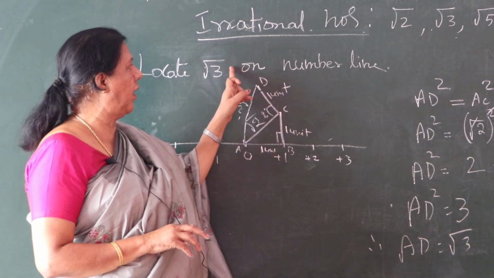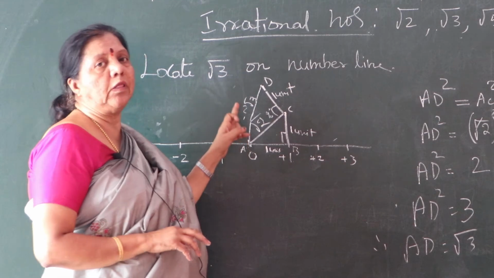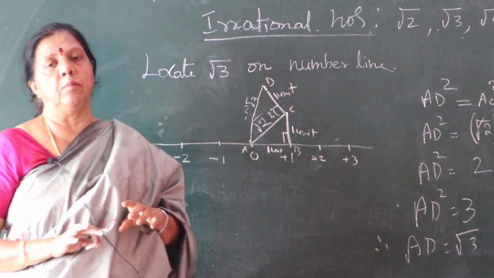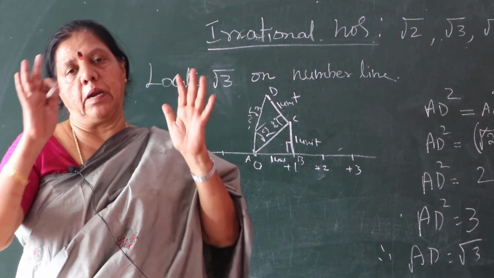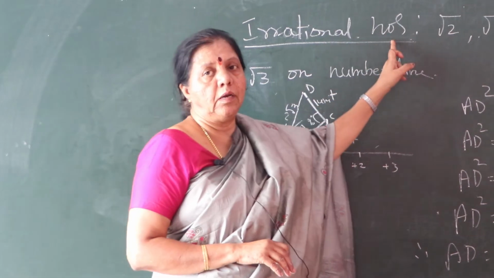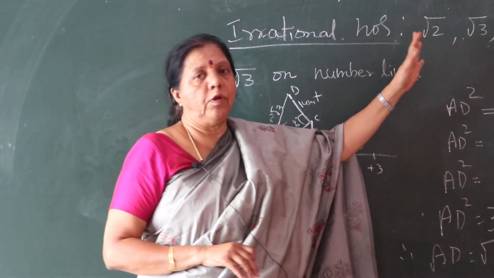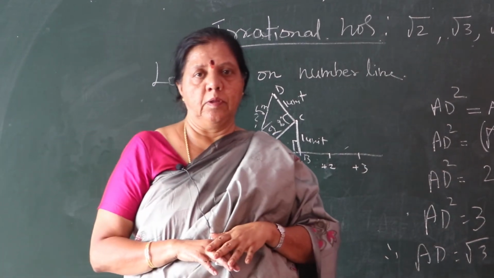Once again you go for 90 degree. Once again you join. Once again using the Pythagoras theorem, you have to find out the roots on the number line. So this, we call it as irrational numbers. Example we have given. This is clear about the number system.